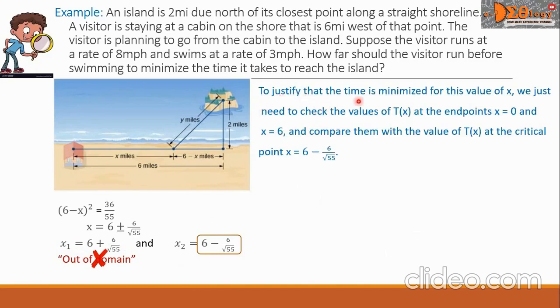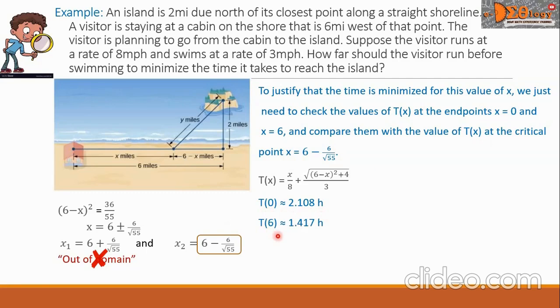Now, to justify that the time is minimized for this value of x, we just need to check the values of the function capital T of x at the endpoints, that is x equals 0 and x equals 6, and compare them with the value of T of x at the critical point x equals 6 minus 6 over the square root of 55. This is the value that we derived here. We write again this function. So we start with T of 0, and we get 2.108 hours.